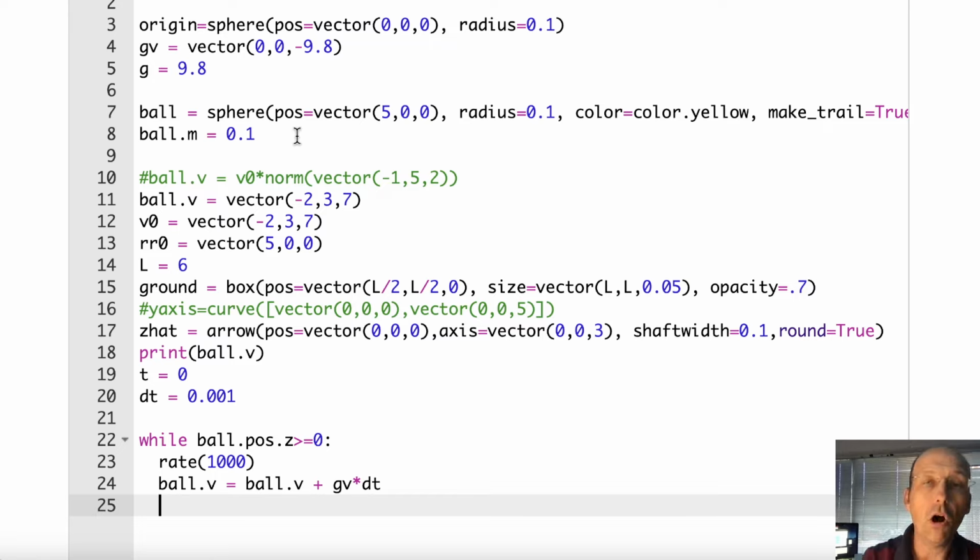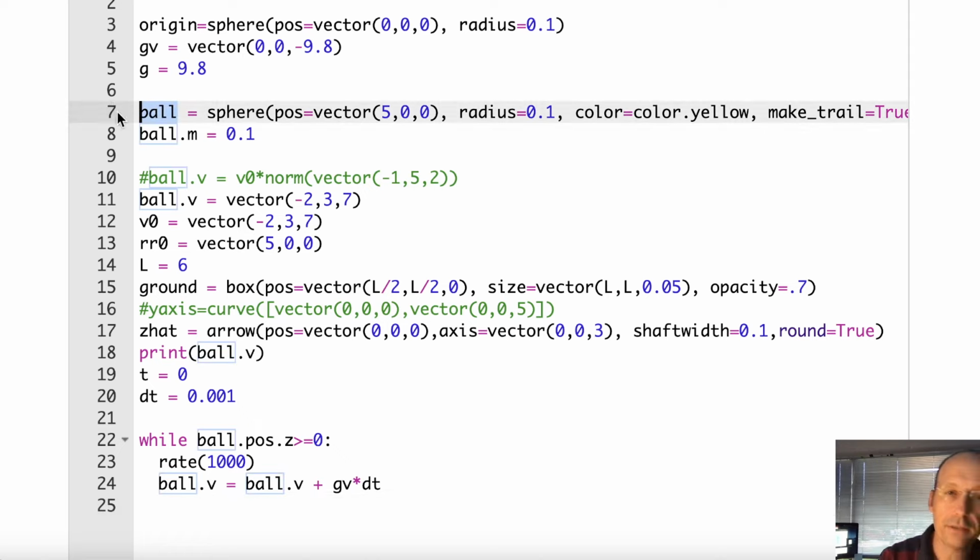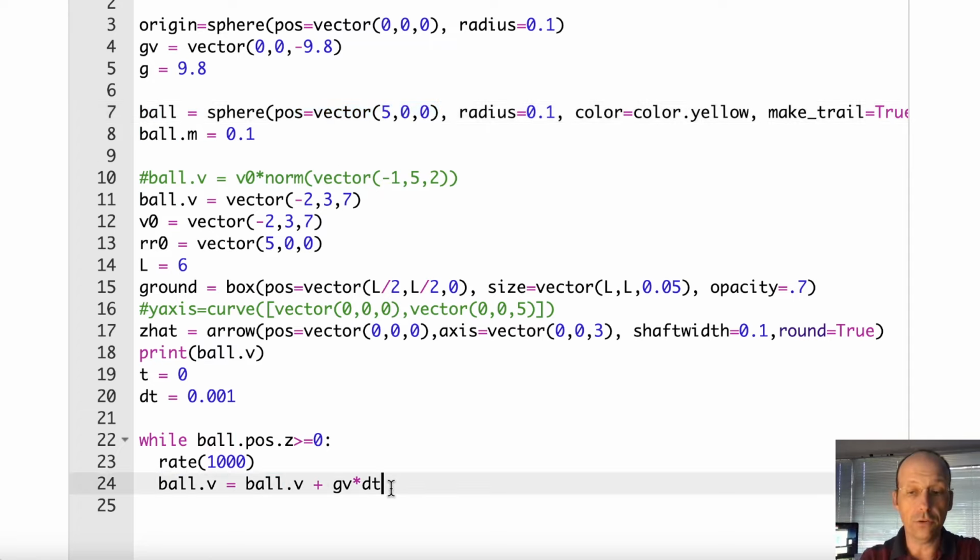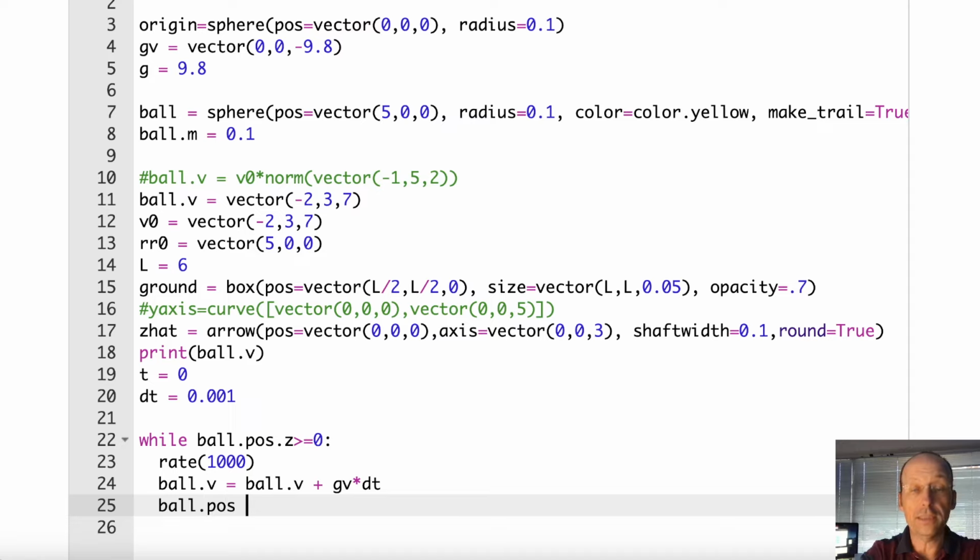Now I'm going to update the position of the ball. The ball is an object, a sphere, and its location is pos equals vector 0, 0, 0. I'm going to change that value. So ball.pos, my new position, is equal to the old position, ball.pos, plus ball.v times dt.